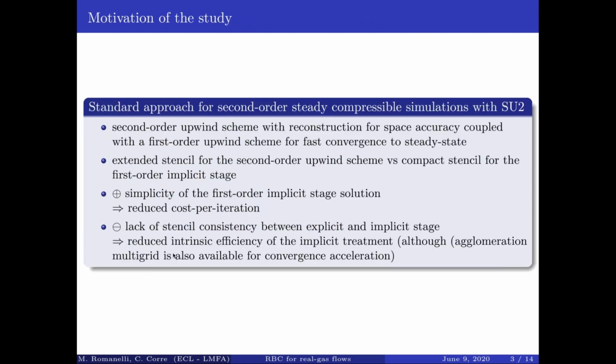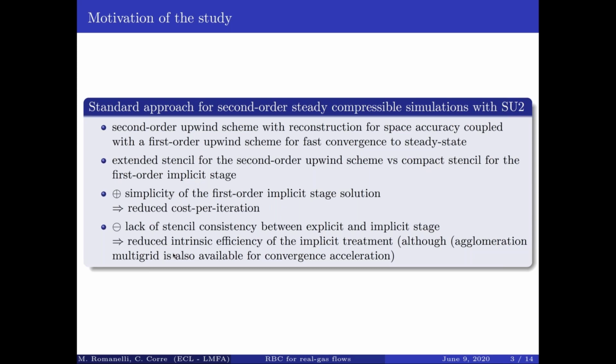So if you want to perform, say, some steady compressible simulation with SU2, probably you will set up a second order calculation. You will choose some second order upwind scheme, for instance, Roe scheme with reconstruction to ensure space accuracy, and then you will select implicit to achieve fast convergence to steady state.